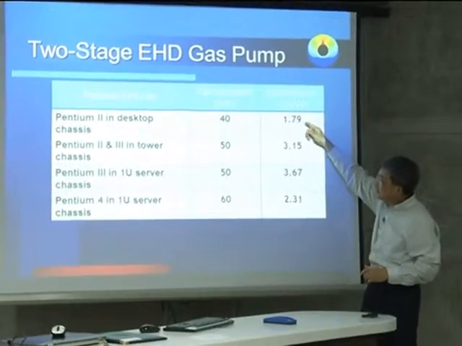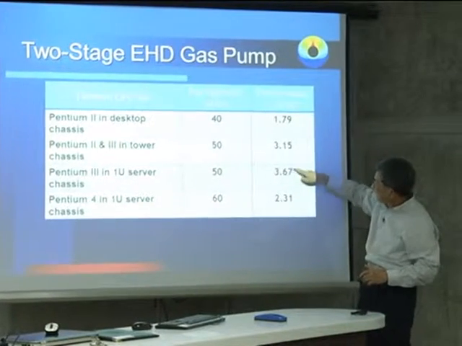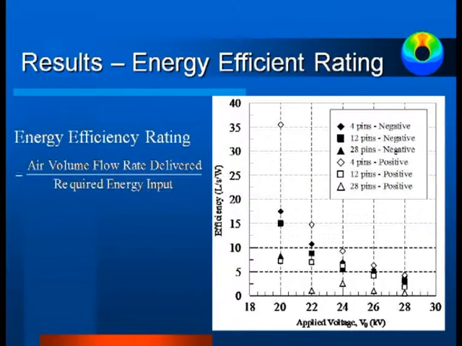For this, the most is about 4. But if you compare with the corona wind, from our study the lowest is about 1 point something, but the highest is about 18.